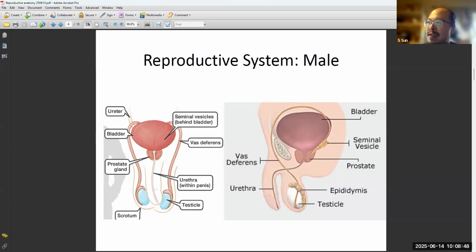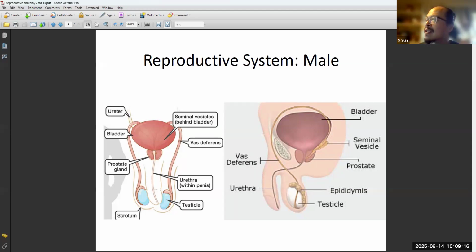So the pathway, the passage of the sperm, involves the testicles, then going into the epididymis, then entering into this tube. This tube is called the vas deferens.